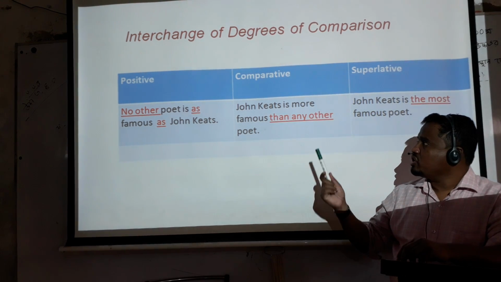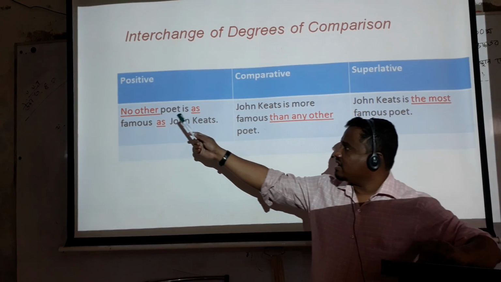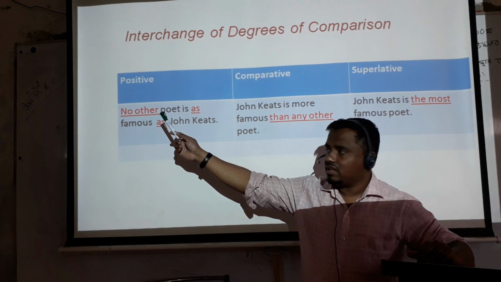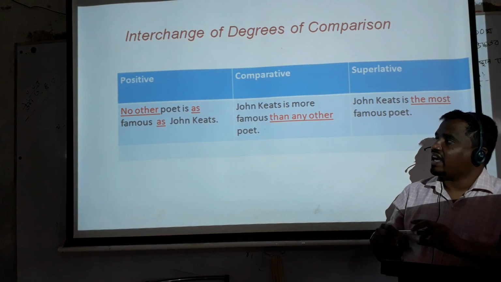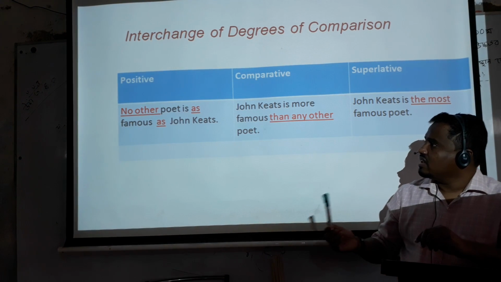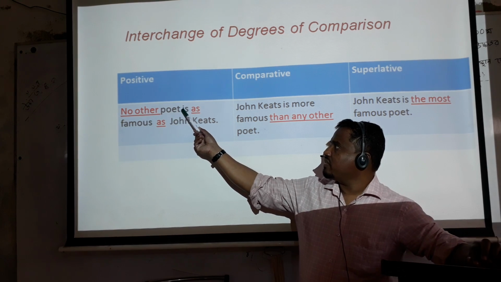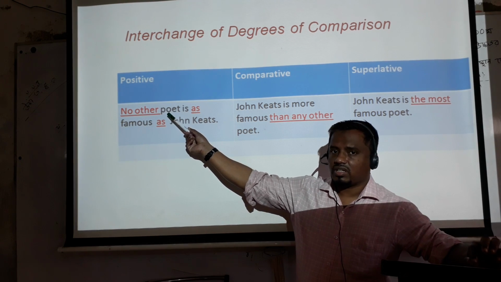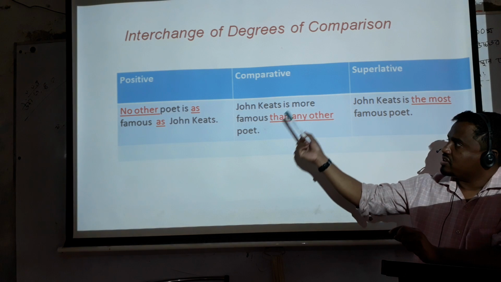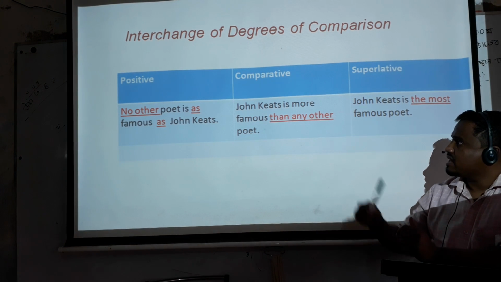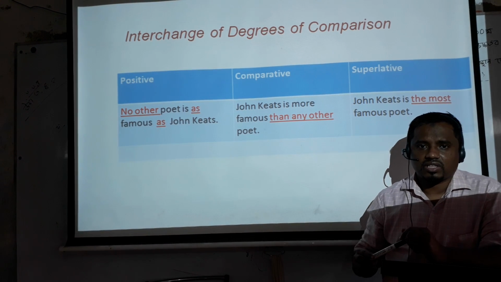Then you have to use "any other" in place of "no other", and at the end of the sentence you have to use the rest of the words. Poet. John Keats is more famous than any other poet.